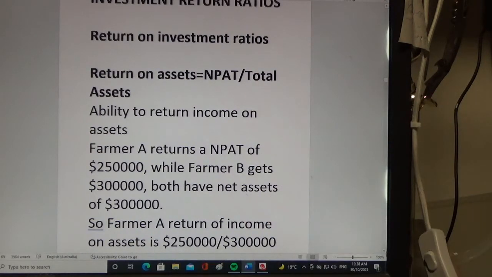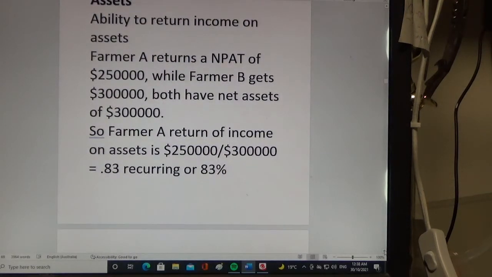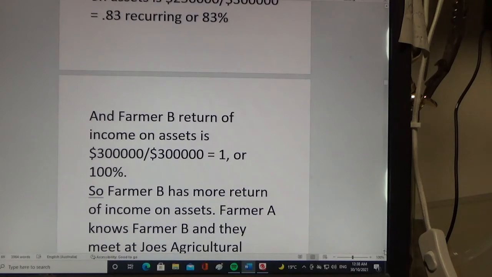So Farmer A's return on assets, how he uses assets to generate income, equals $250,000 divided by $300,000, which gives you 0.83 recurring, or 83%.